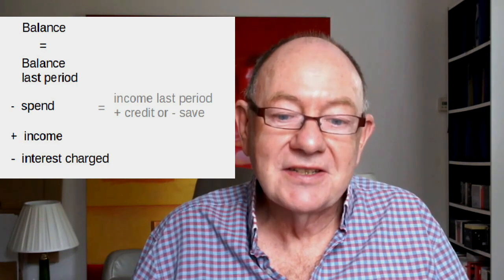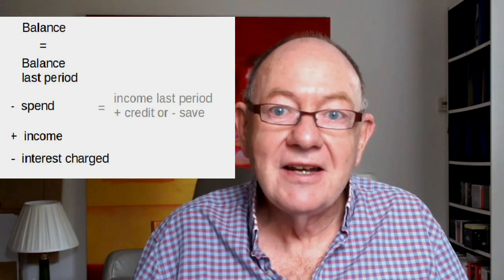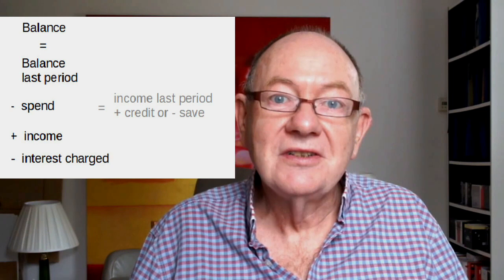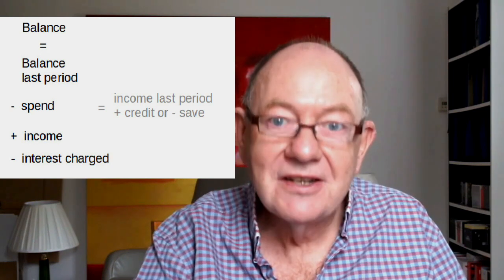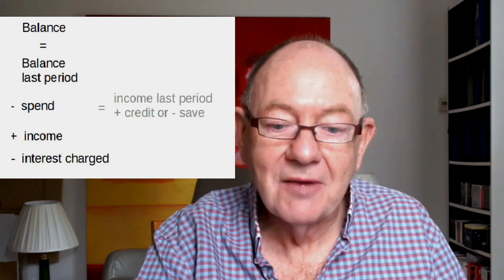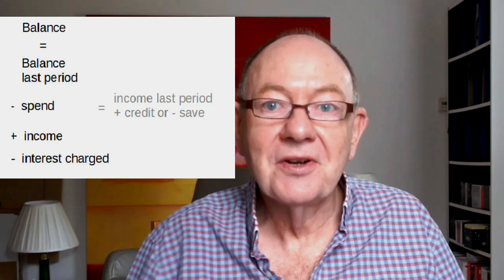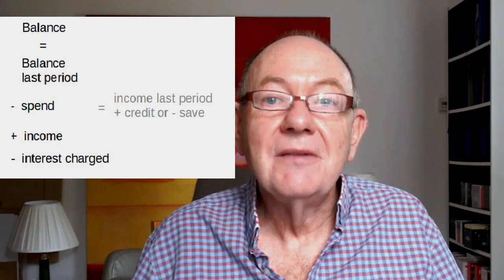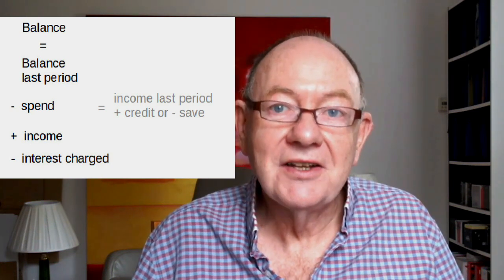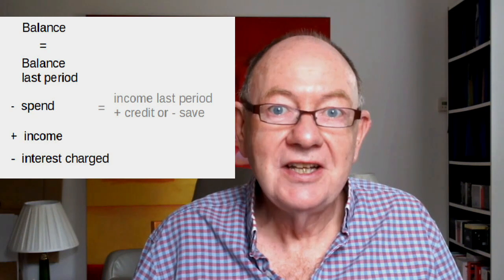So those balances update, and if they are negative, you've got debt. And if you've got debt, you've got a debt to income ratio, and that's important in deciding the amount that you can borrow and the interest rate that you'll be charged in the next period.